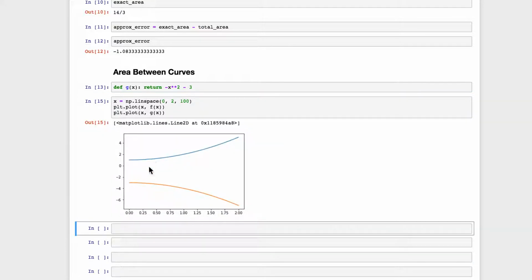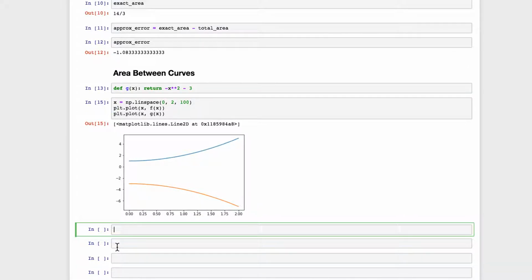And okay, so maybe I want to find the area between these 2 curves. So now what I'm doing is I'm defining the height of my rectangle as the difference, the height of f minus the height at g. So if we want to actually evaluate that, again, we'll change back to symbols here.